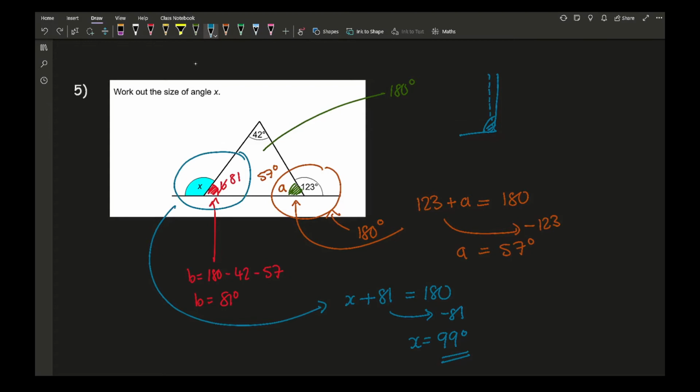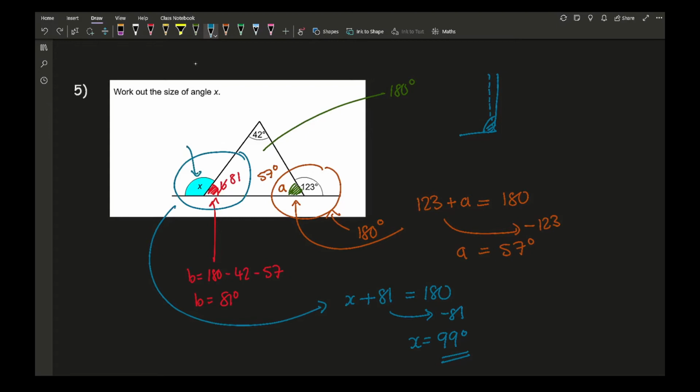Now, as I mentioned, none of the angles in triangles are ever going to be drawn to scale. So the one thing that I would say is, if the angle in the diagram looks obtuse, which in this case it does, then your answer should also be obtuse. But never reflect on thinking, well, hang on a second, I've got an angle of 99, which is quite close to a right angle, and no way does angle x look like a right angle.